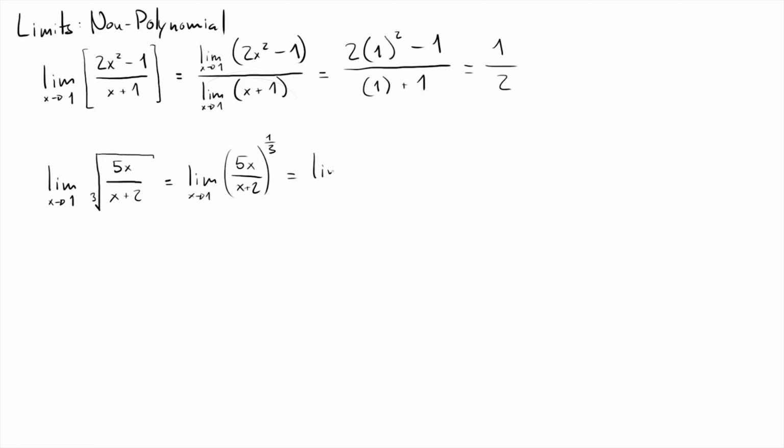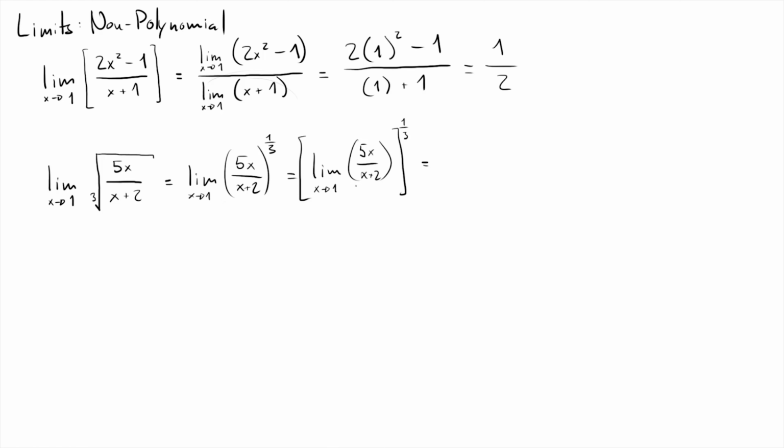So now this is going to be the limit as x approaches 1 of 5x over x plus 2, and the 1 over 3 is going to go outside the limit. Wonderful. Now this looks very familiar to the previous example, where we can separate this division of two polynomials into a limit in the numerator and a limit in the denominator.